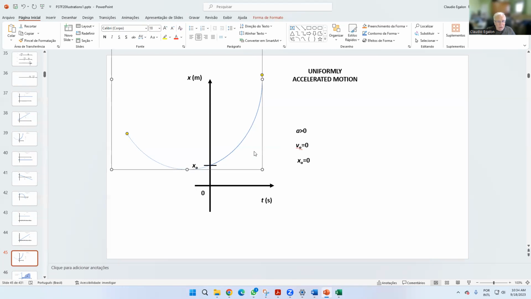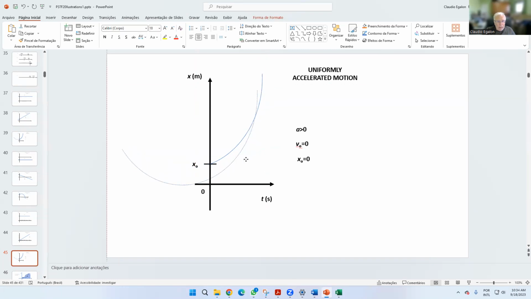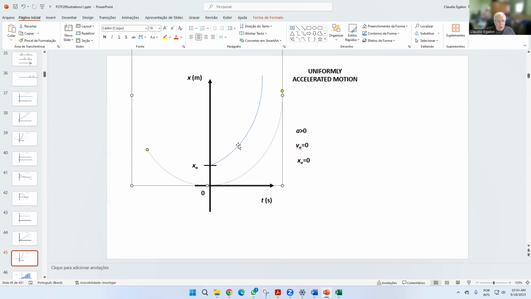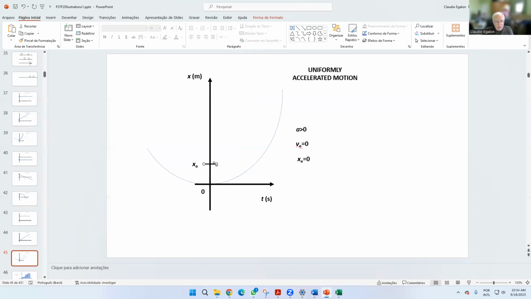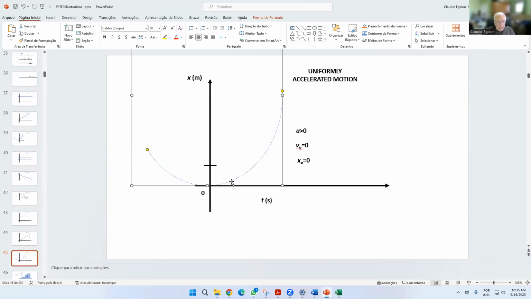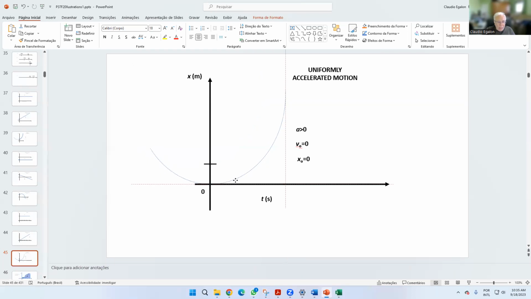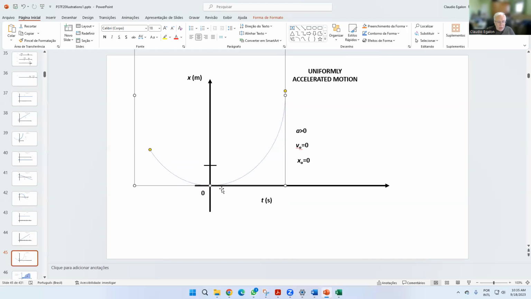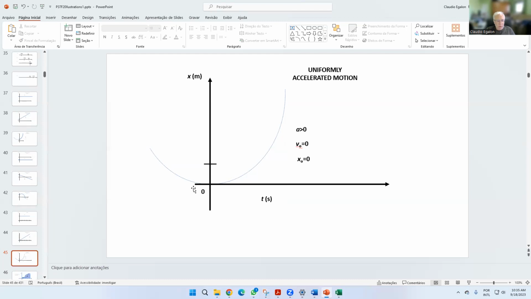So what I have to do is bring down my parabola here. X naught, no, I'm going to keep the dash here. And I want to make sure that this parabola has a slope of 0 right in here, the origin, because a slope of 0 at the origin means initial velocity is equal to 0.